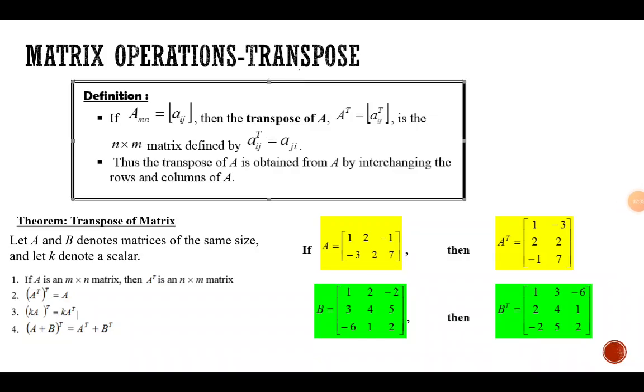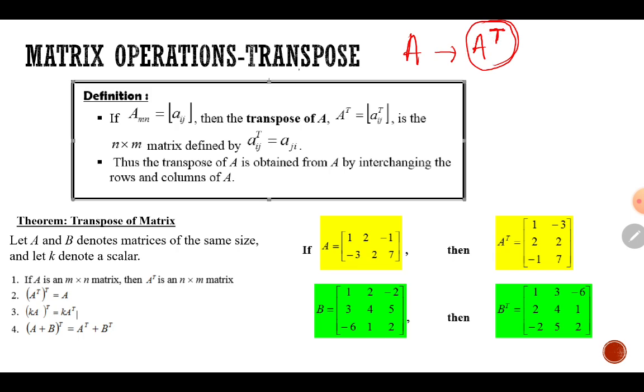Okay, so what is the transpose of a matrix? Okay, by right, setiap matrix, katakanlah kita ada a matrix A, every matrix has its transpose, where the symbol is given by A power of T macam ni. So kalau you jumpa A power of T like this, it is to represent the transpose of a matrix.